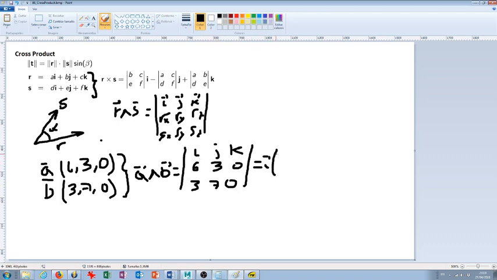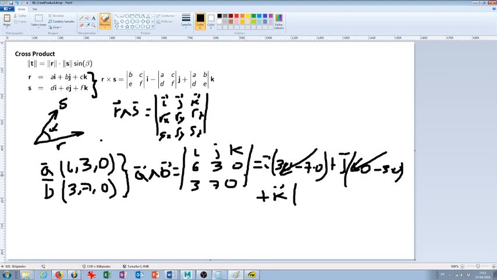It will be i times 3 by 0 minus 7 by 0, so this will be 0, plus j, and then we take 6 by 0 minus 3 by 0, it will be 0 again, and k, in this case, will be 6 by 7 minus 3 by 3.